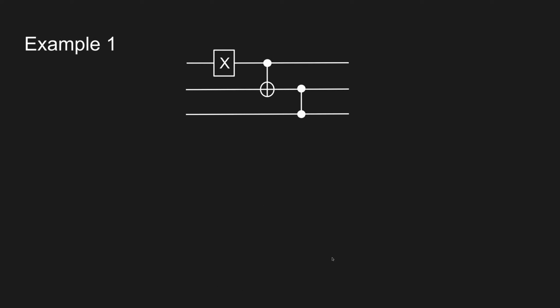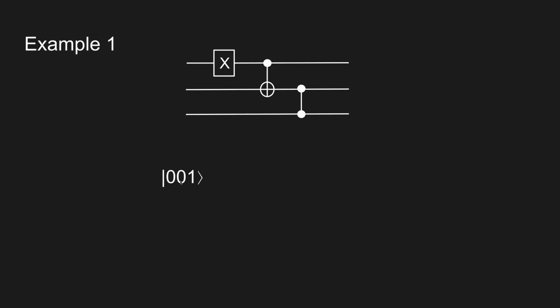Now with these two controlled gates, let's do an example. So we have a circuit here with 3 qubits, and we count them as the 0th qubit, 1 and 2. And you see there's a NOT operator, there's a controlled NOT gate here, and afterwards there's a controlled Z gate. And let's explore how certain states are manipulated by this circuit.